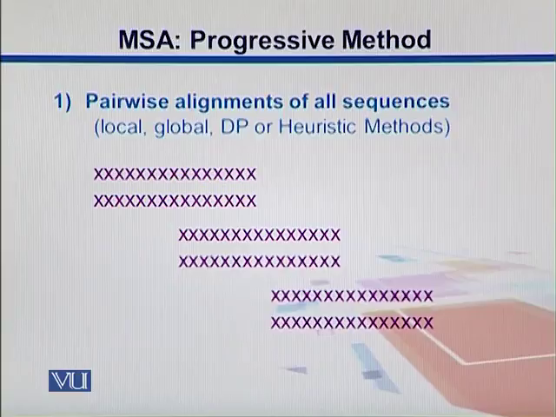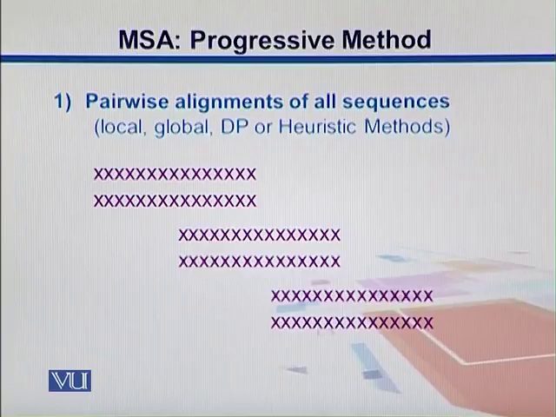If you're looking for motifs or patterns, then that is a scenario where you will use local alignments. If you're aligning whole genes with one another, then you would do global alignment, and you know the algorithms behind them.